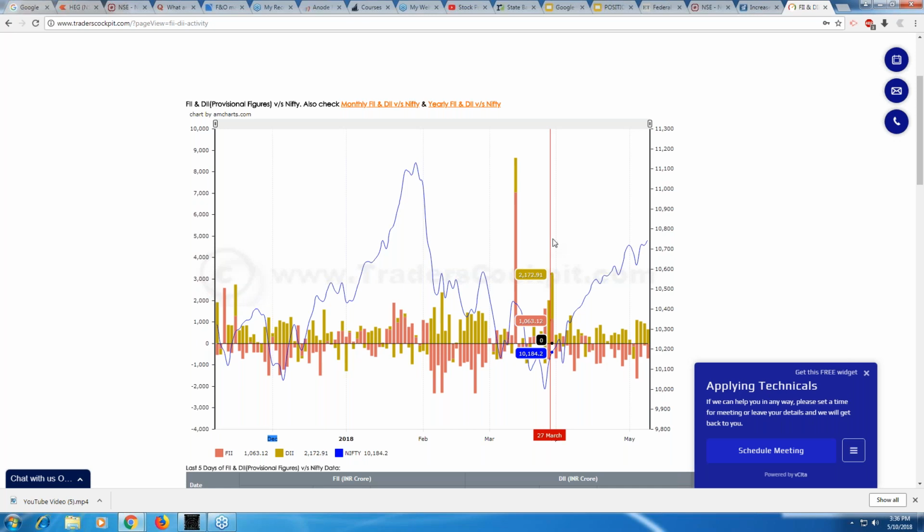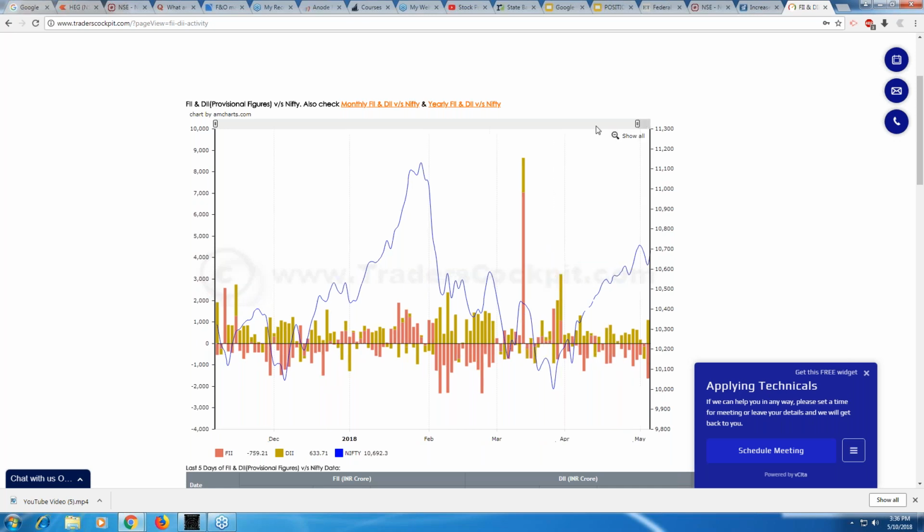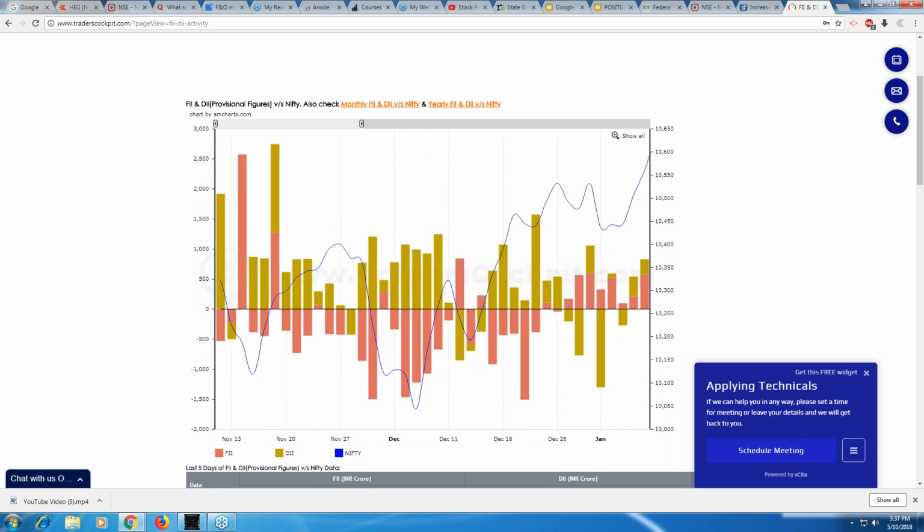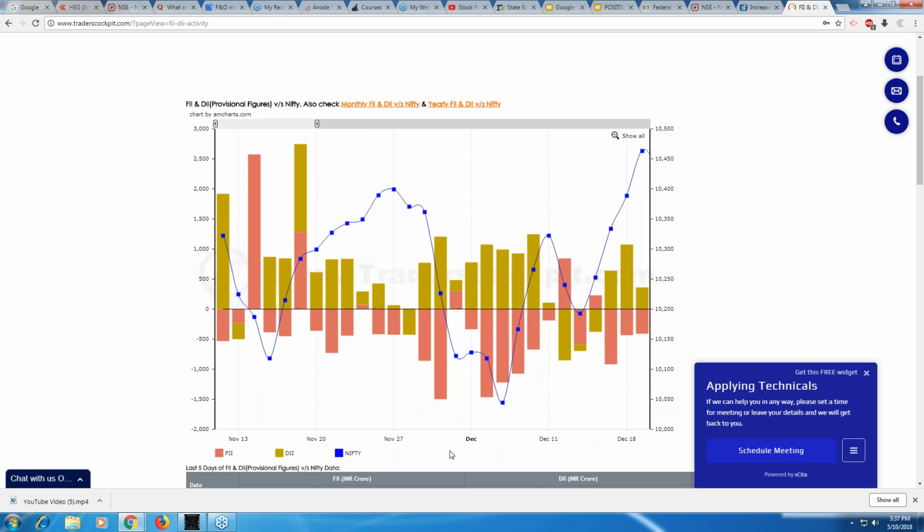Now always remember one thing, let me make it a little bigger so that you can understand. The red color that you see is basically the FII buying or selling. If it is upward, it's buying. If it is below, it's selling. And DII is basically the domestic institutional investors buying and selling. Now what happens, if you look into it, usually both of them are opposite to each other.